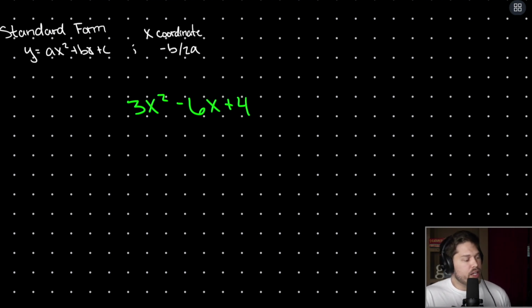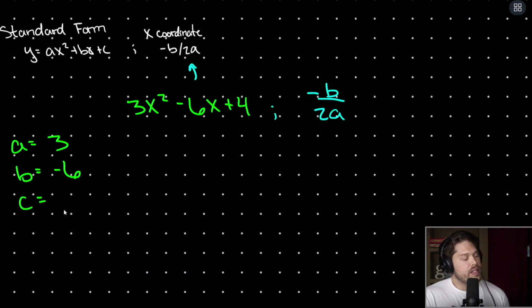Well, just like we just talked about, we know that the x-coordinate of our vertex is going to be found by plugging in our b and a values into this little equation. What are the a, b, and c values of the given equation? Well, our a value is 3, our b value is -6, and our c value is 4.